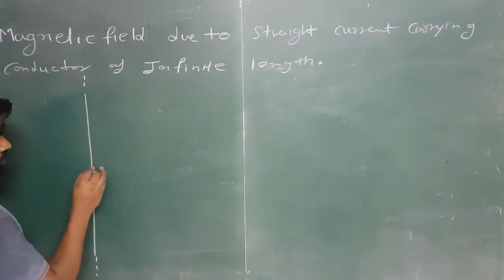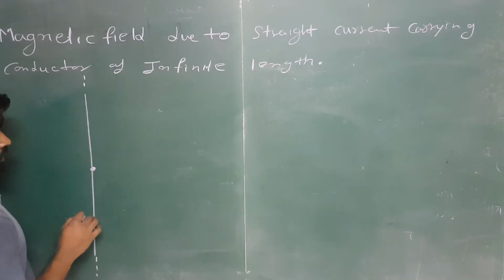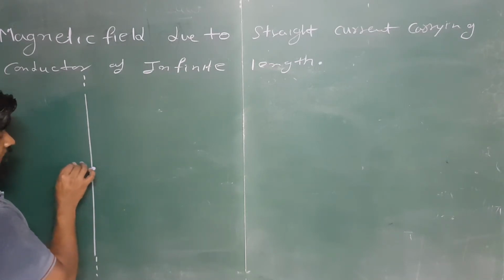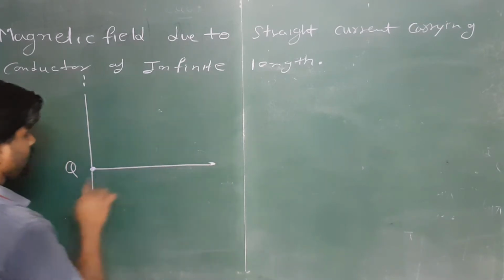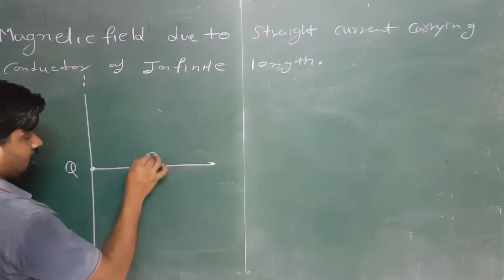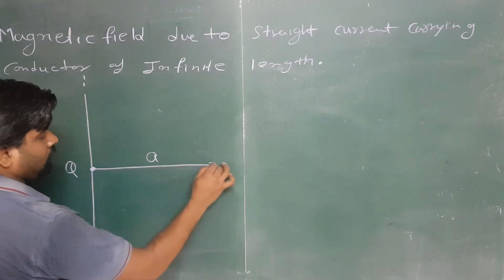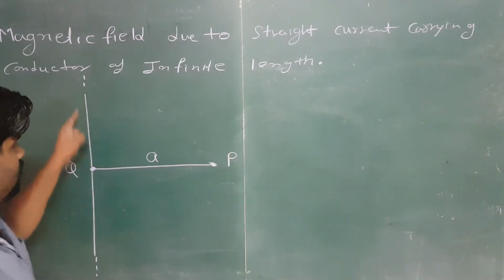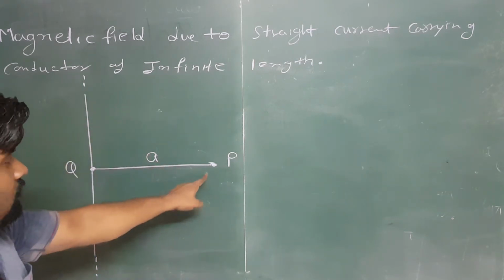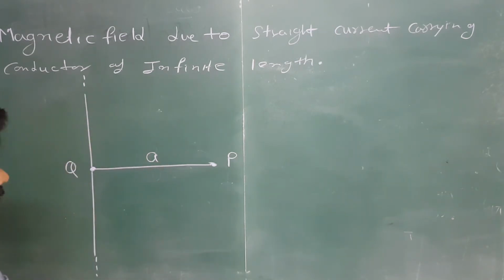And let's suppose it has one point called point Q, capital Q, and from the Q at distance A there is a point called P, where we have to find the magnetic field due to this straight current carrying conductor of infinite length.